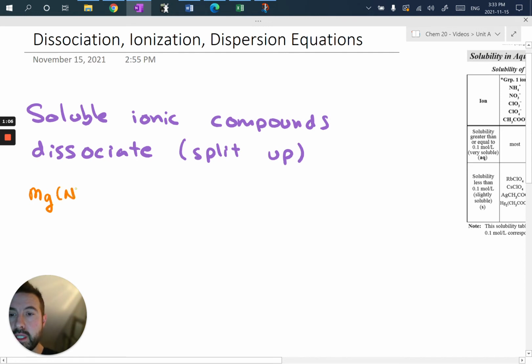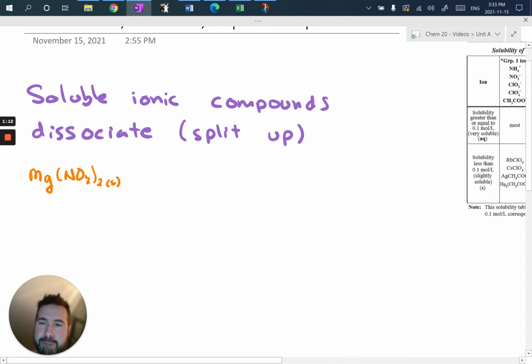It's going to look like this: Mg(NO3)2, solid. Now sometimes you might see aqueous there. It's kind of chemistry semantics. Is it already in the water, or has it not been dropped in the water yet? What's important is what comes on the other side of this equation. So we'll go with solid here.